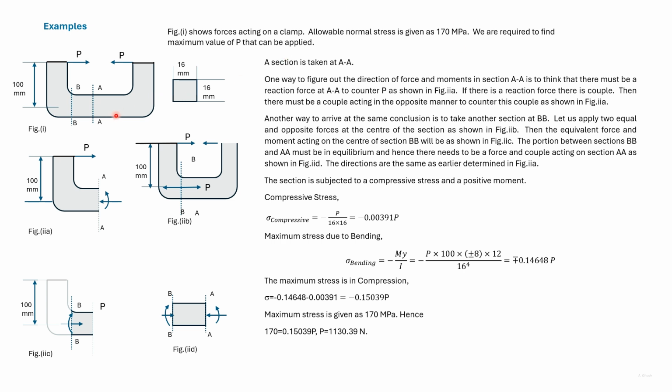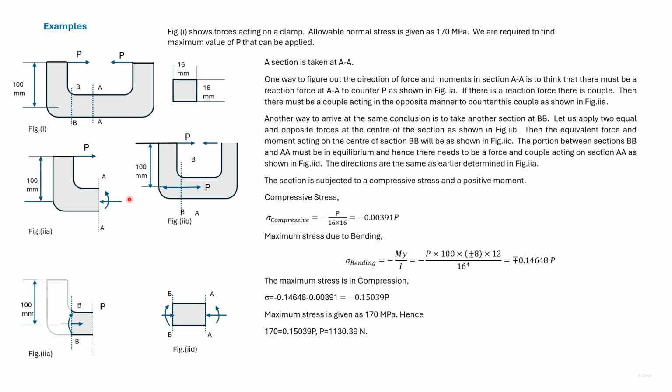With the area of the section known, we can find out the compressive stress acting at A in terms of P. In this equation, we can write the moment in terms of P. We can then find the maximum compressive and tensile stress acting on the furthest fibers in the section A using the equation.